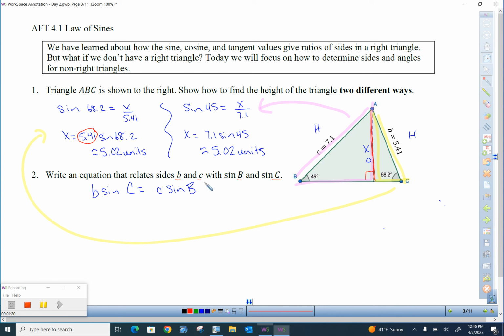And then over here, the 7.1 was the C value from the triangle, and the 45 degrees was angle B. And this is actually very similar to what we're going to talk about today, the law of sines. The law of sines that you're used to seeing doesn't look quite like this, so we'll get to the version it does look like here in a bit. You have a space for it below number 4.